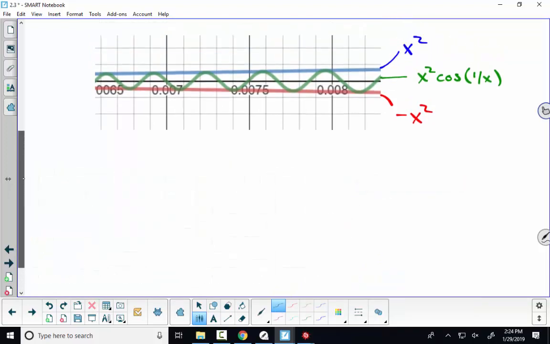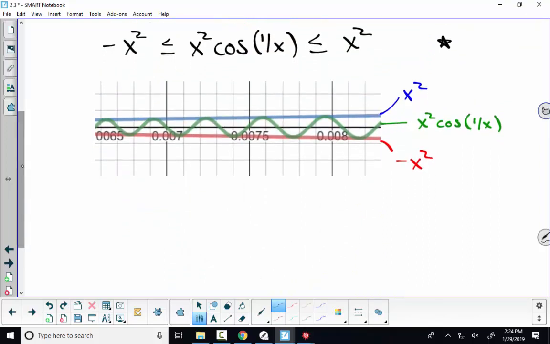All right, so with this inequality established, what do we know about the limit as x approaches 0 of x squared cosine 1 over x? It's greater than or equal to the limit as x goes to 0 of negative x squared, and less than or equal to the limit as x goes to 0 of x squared.